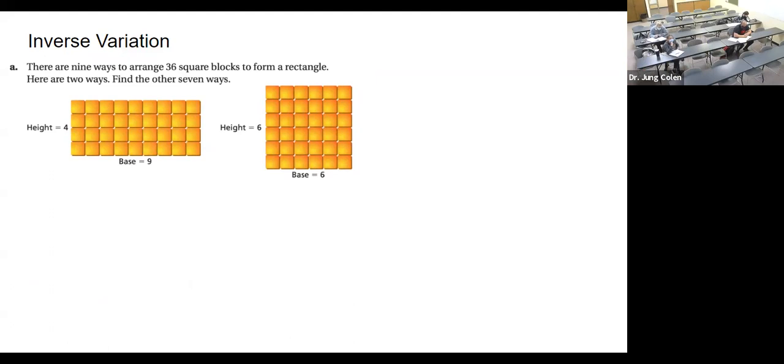In rectangles, with the same number of blocks, you can form a lot of different sizes of rectangles. But you're gonna use all 36 square blocks, okay? Using all of these 36 square blocks, there are actually 9 different ways of the arrangement. So I'm giving you only 2 ways of the arrangement here on your worksheet. Can you find the other 7 ways?